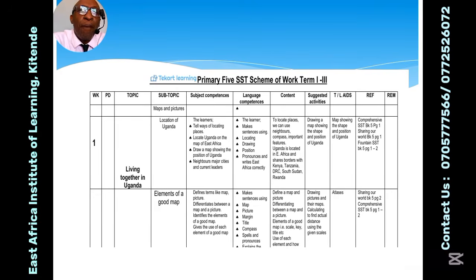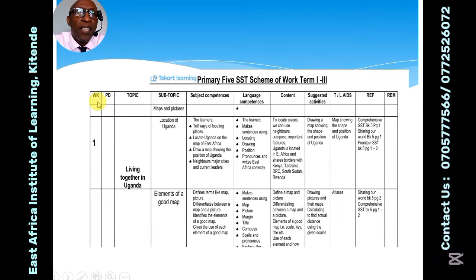Again, another sample of a scheme of work for a primary 5 class. You notice you state the name of the school, your name as we said, the class you're teaching in this particular regard, P5 by P5 what stream, if it is there.